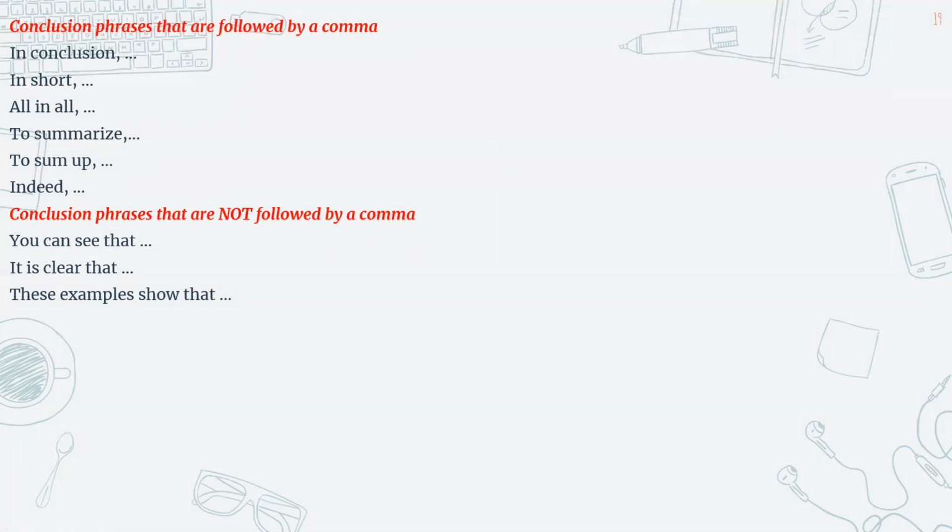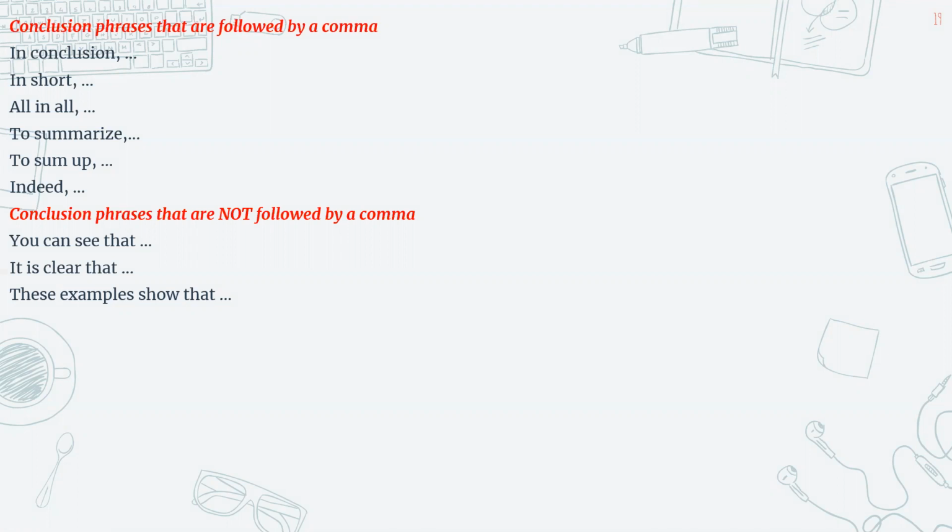The concluding sentence should begin with a phrase that signals the end of the paragraph, and it reminds the reader of the topic sentence. First, you need to use one of these conclusion phrases. Then you can repeat the controlling idea in the topic sentence, but using different words as we said before. Or you can just summarize the main points of the paragraph.